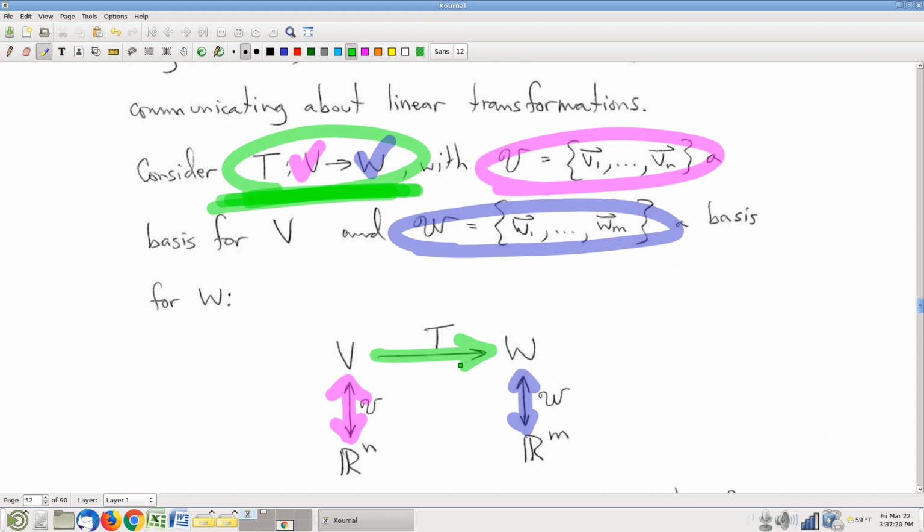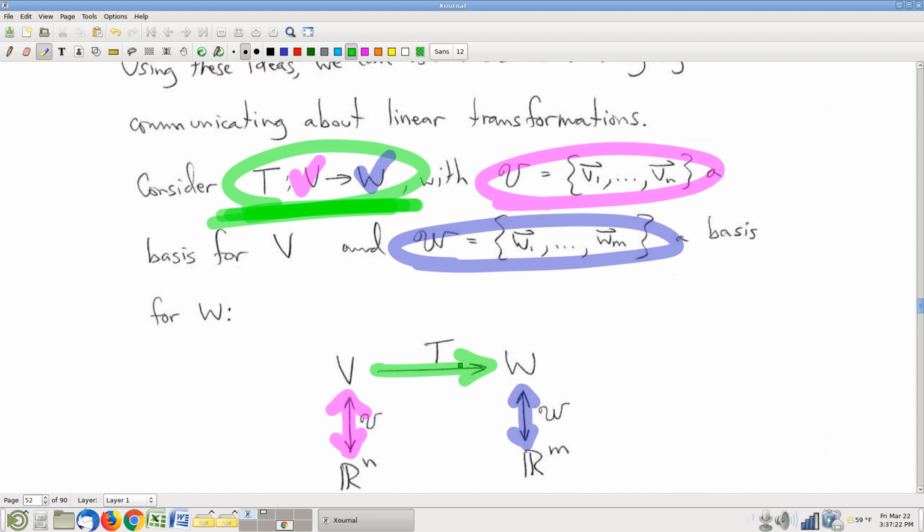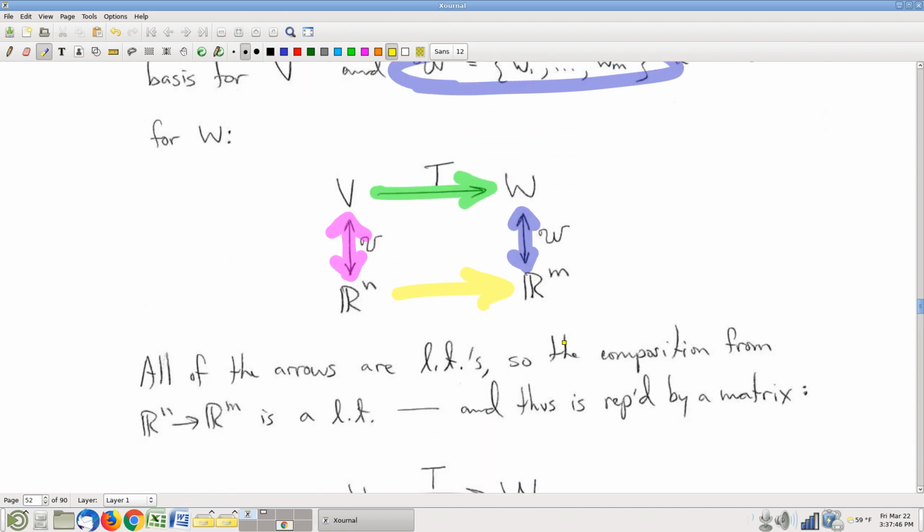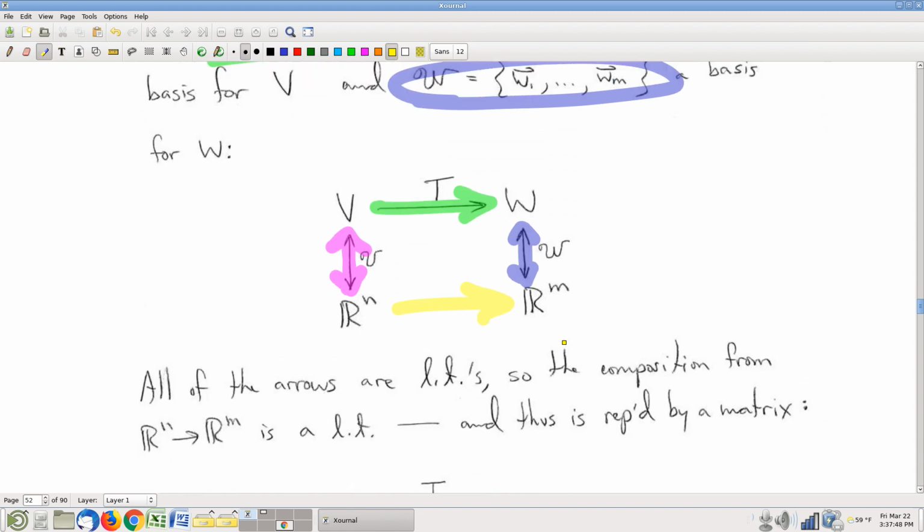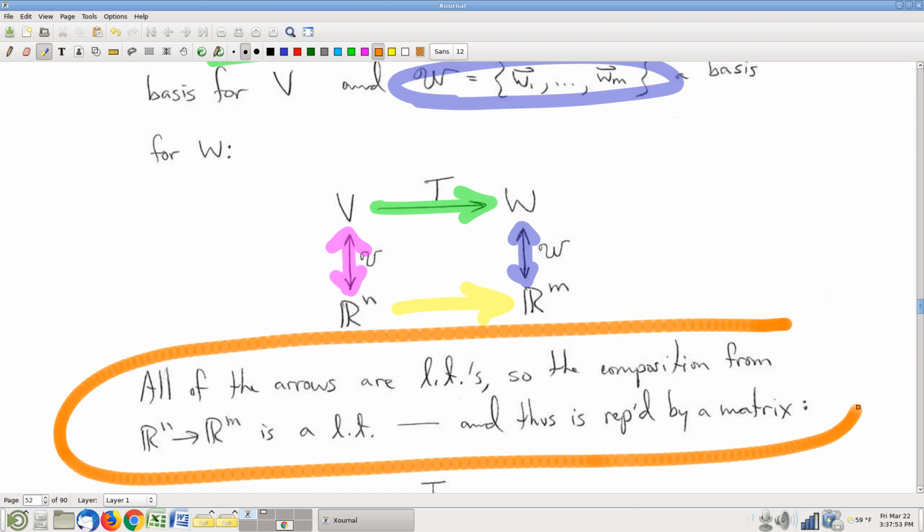Now, altogether then, starting in the bottom left corner, we have a linear transformation followed by a linear transformation followed by another linear transformation. Altogether then, this composition is a linear transformation from Rn to Rm. And where have we heard that phrase before? There are only so many linear transformations from Rn to Rm, and we made this very powerful observation early in section 5.